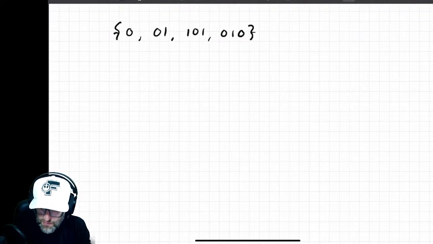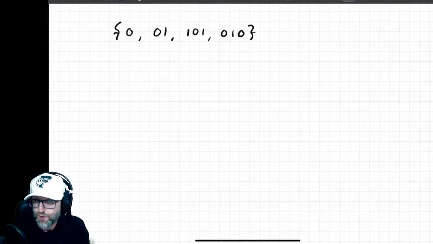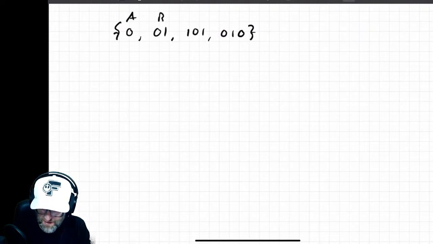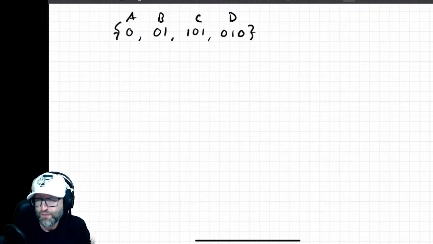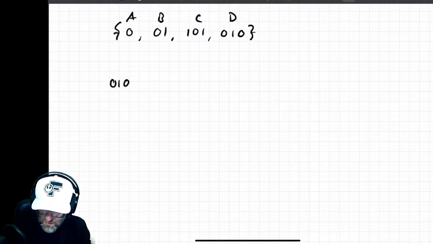Now, there immediately arises a problem when you start using variable length encoding schemes. Suppose that I encoded these as A, B, C, and D, right? And suppose I encoded some very short message like 010, right? And I sent that through my channel. Sometimes this is referred to as Alice speaking to Bob.